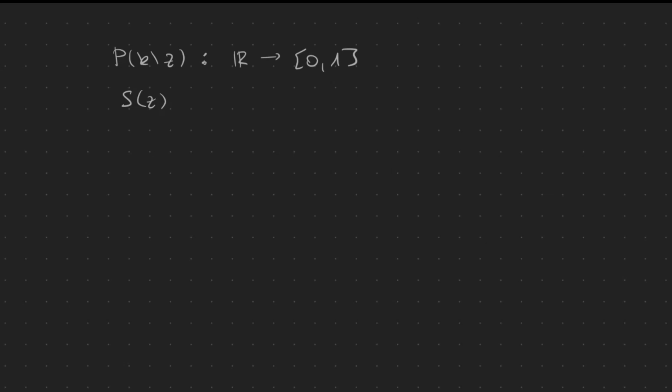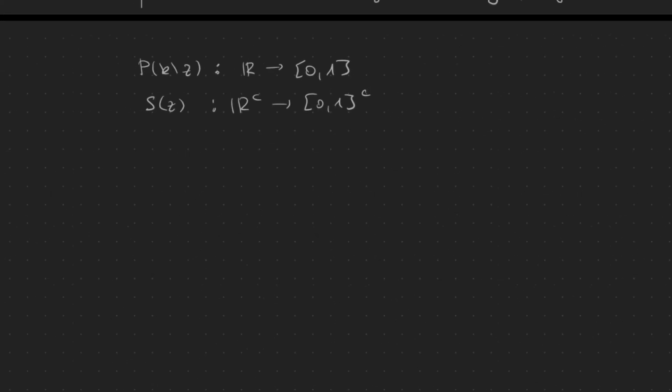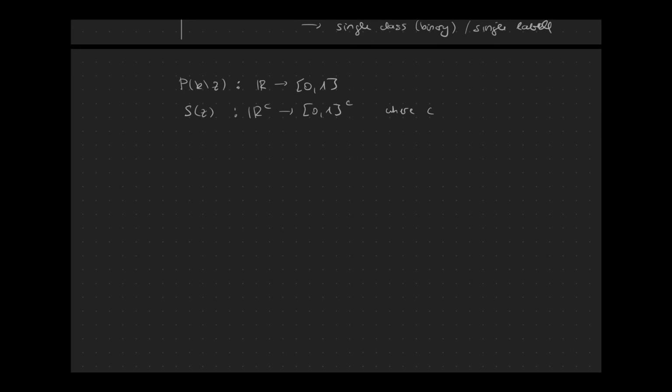What we want now is another function which maps from the real numbers, but this time onto a multi-dimensional space with dimension c, where c is the number of classes, and again onto 0 to 1, in a multi-dimensional space with dimension c.